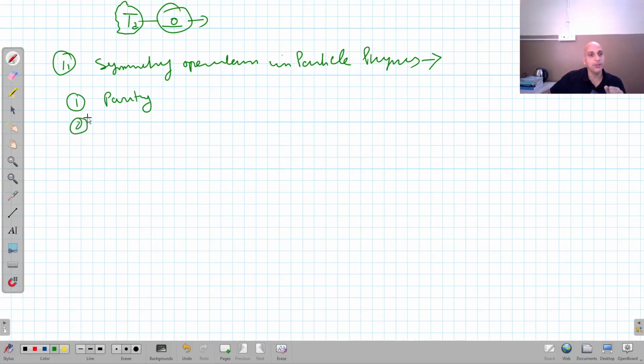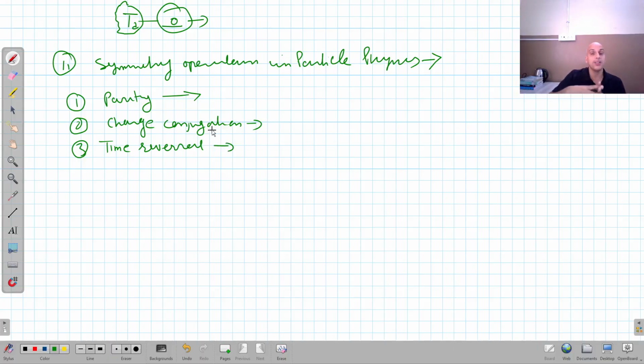The second one is charge conjugation. The third one is time reversal. These are the three symmetry operators that are commonly used and discussed in high energy physics or particle physics.